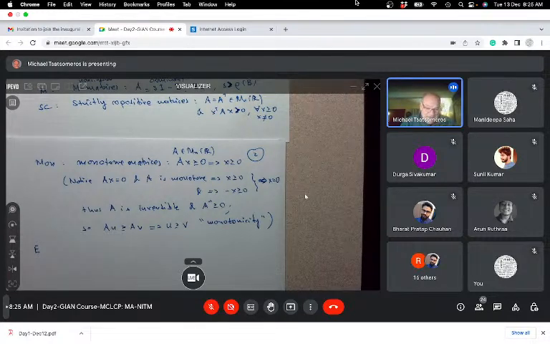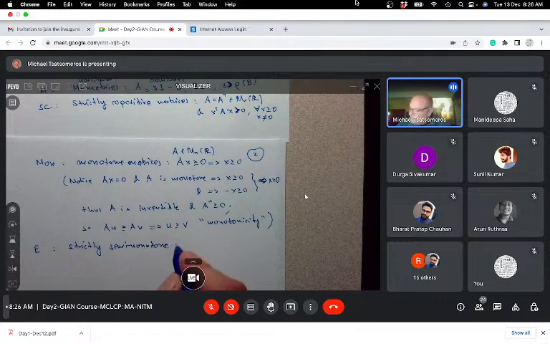It comes mostly from the LCP, because this is a class of matrices that is commonly encountered in LCP type of problems. This will be the strictly semi-monotone. Simply semi-monotone matrices.